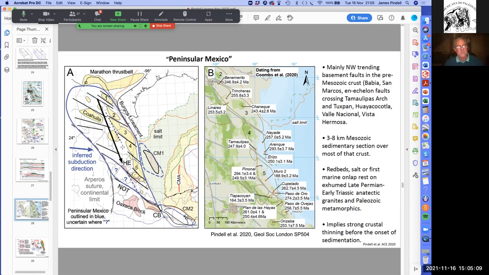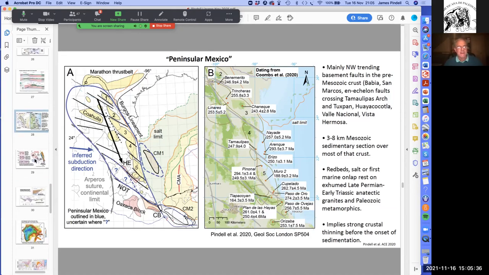The types of rocks we see right under that unconformity are the types of geology that you would expect at 10 to 15 kilometers depth in the crust. So somehow those basement rocks, those mid-crustal rocks, were raised and elevated to the surface before deposition even began.